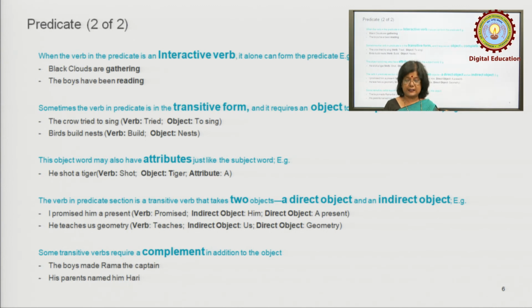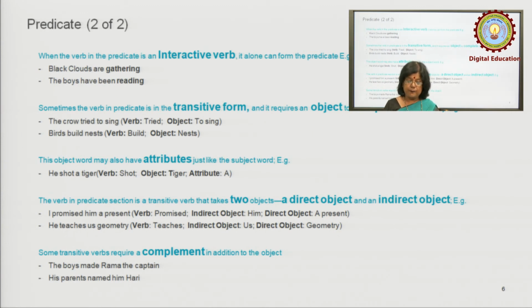If we state the sentence as, the boys made Rama, is it giving you any sense? No. The boys made Rama the captain. So, you have to add the captain for a complete meaning. So, this portion, the captain, will be called a complement. It means Purak in Hindi. So, complement will be the captain for making a complete sentence.